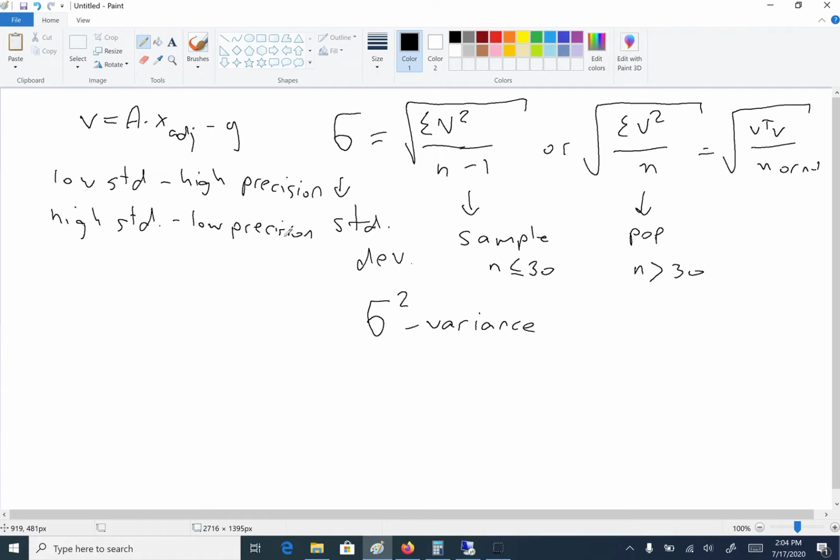And precision has nothing to do with accuracy. Accuracy is related to error. Accuracy is how close to the errorless value the measurement is.